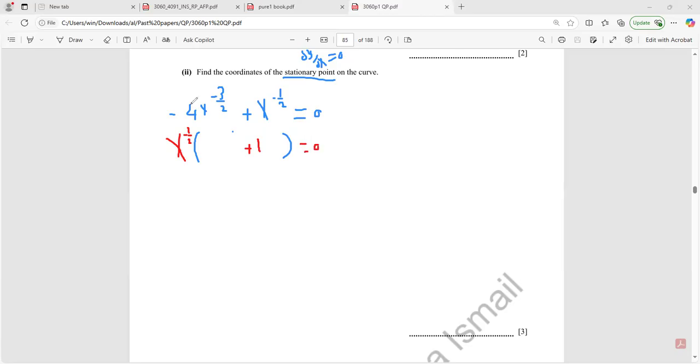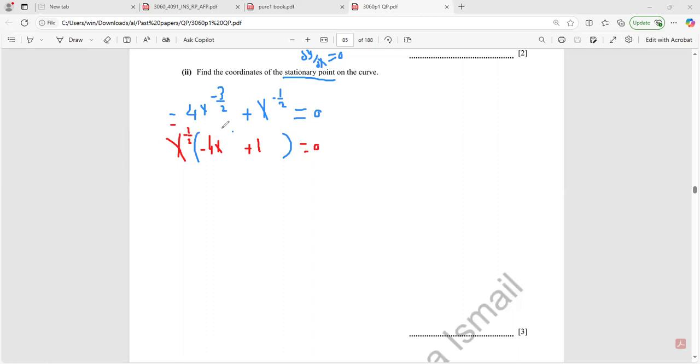Now we're going to divide. Here is negative 4, so it stays negative 4. For x, here negative 1.5, dividing by negative half: minus minus is plus half.